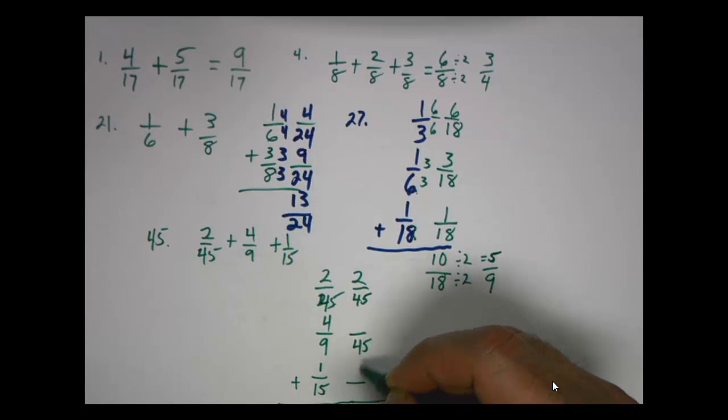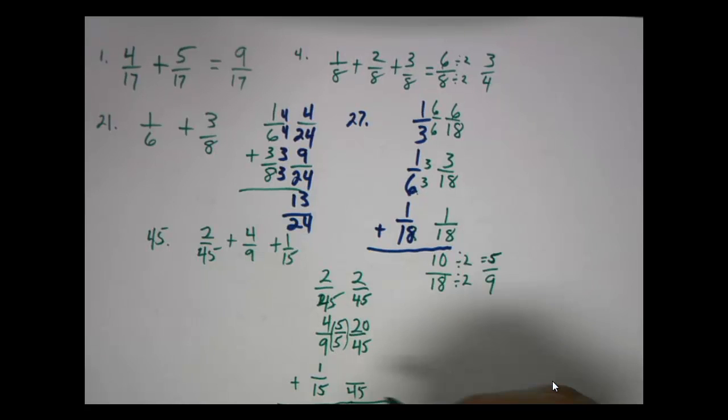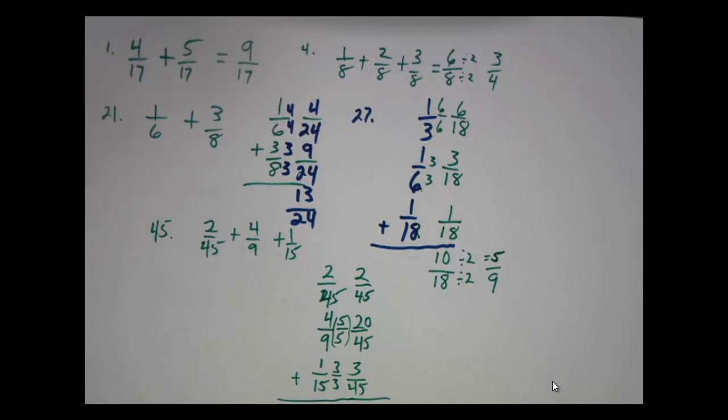If I want to make that a 45, what do I have to do to 9? Times it by 5. Do it to the bottom, do it to the top. We're simply making it 5/5 bigger, just like what we did before. 3 times 15 is 45, so I'm going to multiply this by 3/3, or 1. That gives us 3/45.